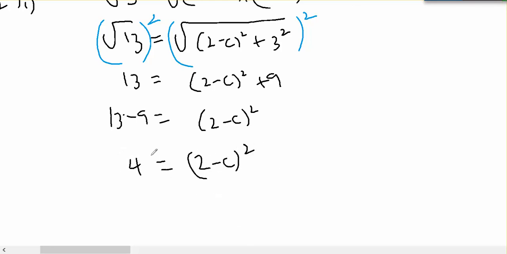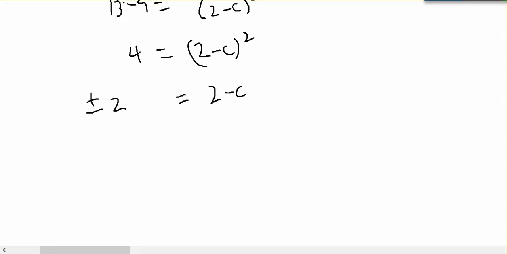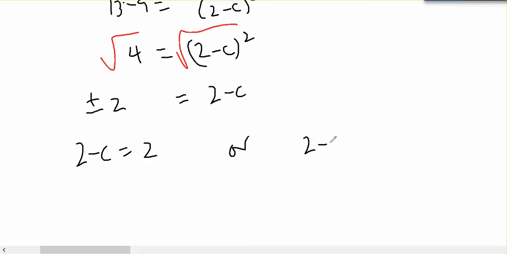When I take the square root of both sides, 2 minus c is going to equal plus or minus 2, because I get two answers when I take the square root of 4. So 2 minus c equals 2, or 2 minus c equals negative 2.